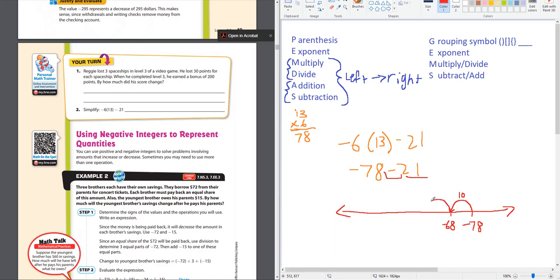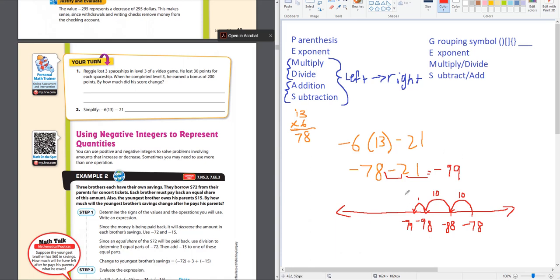I'm going to go one more time to 10. So that's negative... Oh, wait, no, that shouldn't be a 68. That should be an 88. What am I doing? Almost made a grave error. So that should be an 88. And then this would be a negative 98. And then 20, 10, 20. I still have one more, so I'm going to go over 1. And that is negative 99. So the answer here is negative 99.